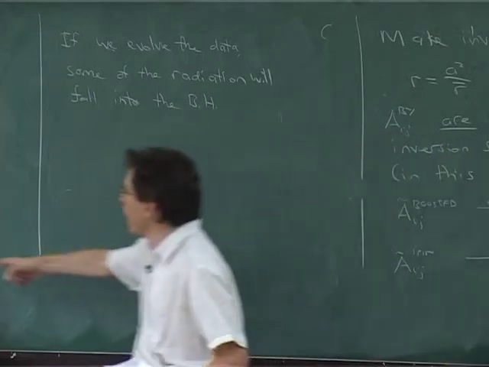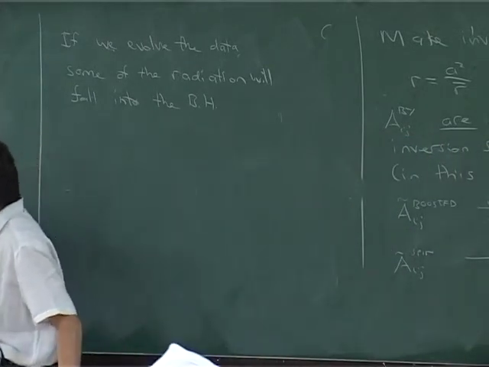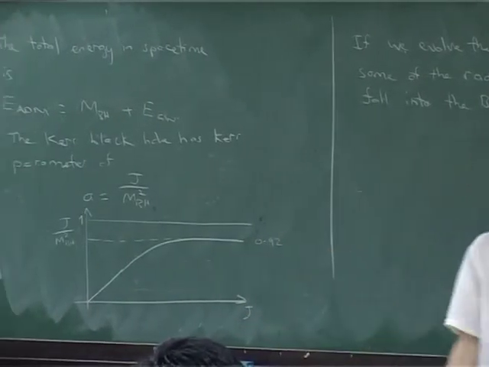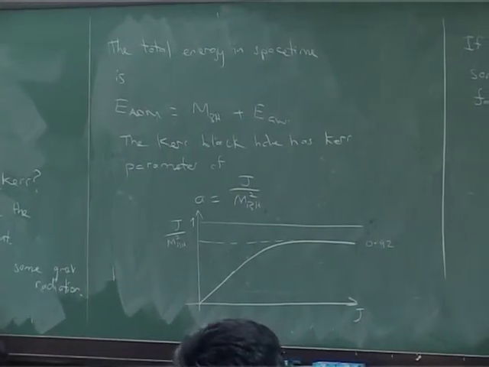As we turn up J, the mass increases, and also this radiation increases. There's more and more of this gravitational radiation.